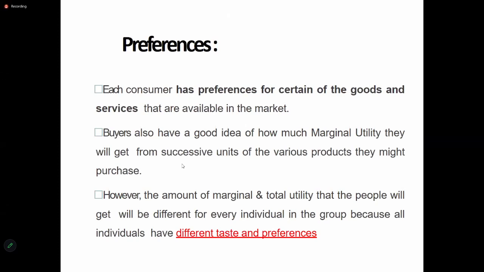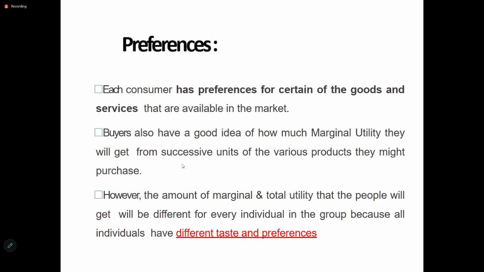Let's say you prefer one thing, but that is not available in the market. From the point of view of agriculture or foods, let's say you want to buy a burger, but it's not available in the market. Though you have preferences, sometimes it's not available in the market. Sometimes you don't have money to buy it. So you need to consider all these.